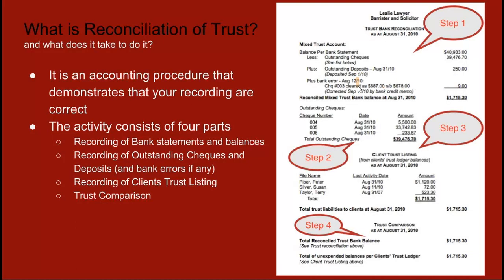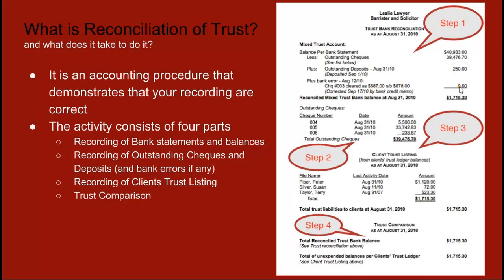And apparently there's a bank error. And this can happen all the time. And there's 2 ways the bank error could happen. One is where the bank has accidentally taken money out of your trust account, in which case that needs to be reflected. For example, if you look at this, check 003 cleared as 687 in the case of 78, but they corrected it in the next month.